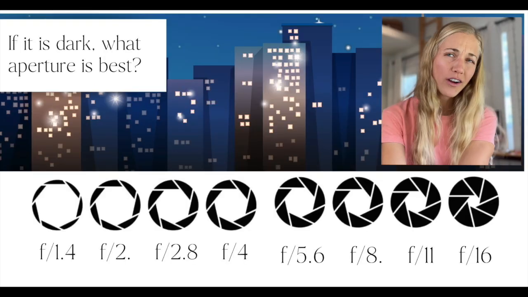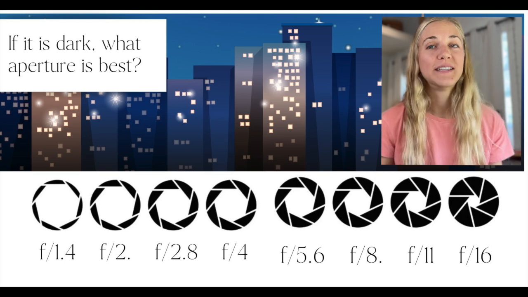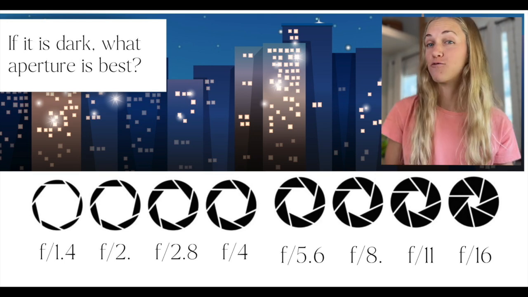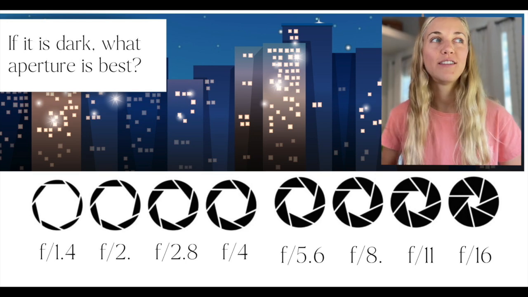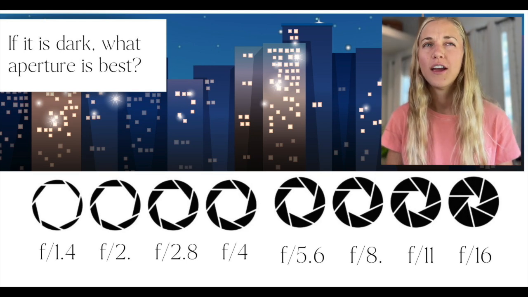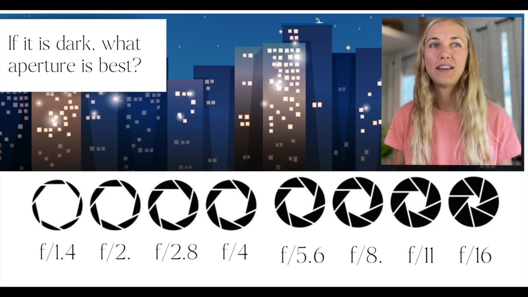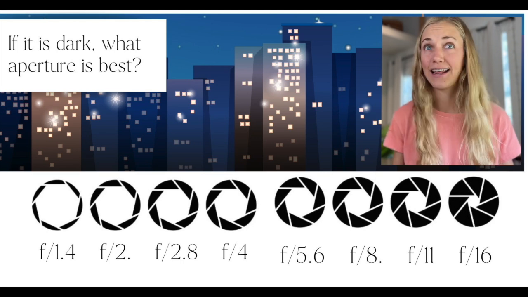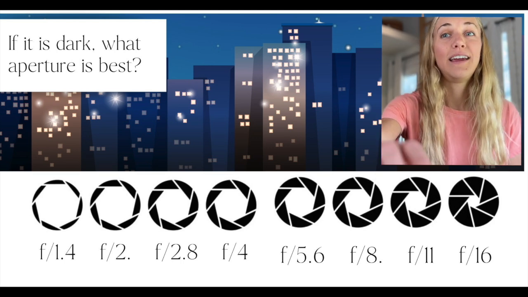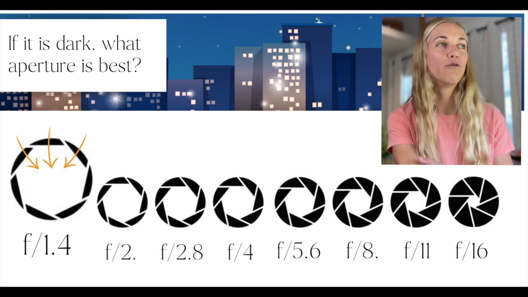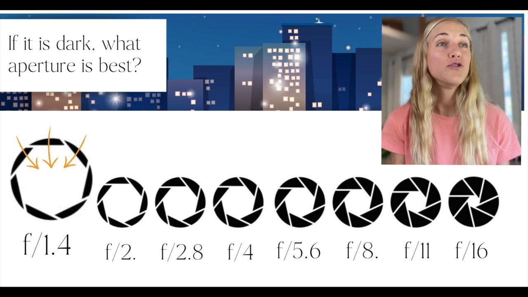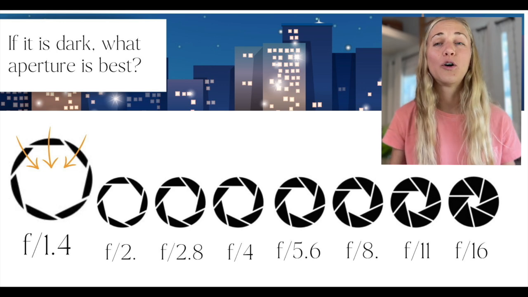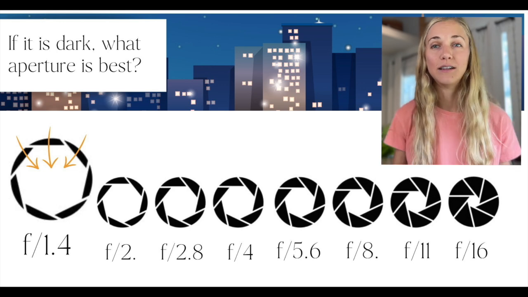Here's your test question. If it's dark, what aperture is the best? f1.4 or f16 or something in between? What do you think is the best if it's dark and you need more light to come into your lens in order to see anything at all? It is f1.4, because it's dark and you aren't going to see anything at all unless you let in a lot more light.